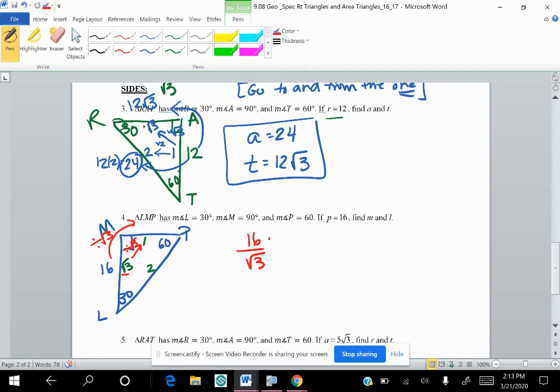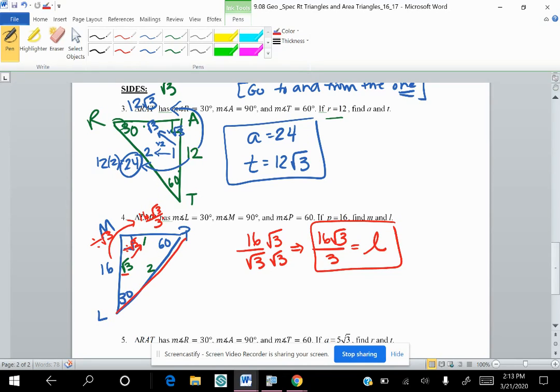The problem, we have a radical in the denominator, so we have to multiply the top and the bottom by rad 3, giving us 16 rad 3 over 3. And that is going to be side L.